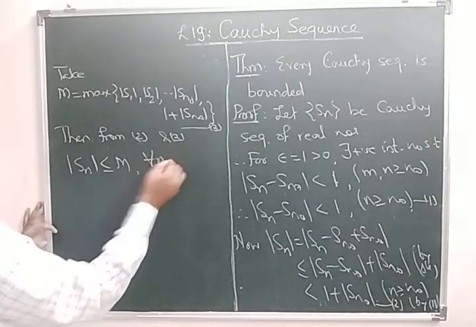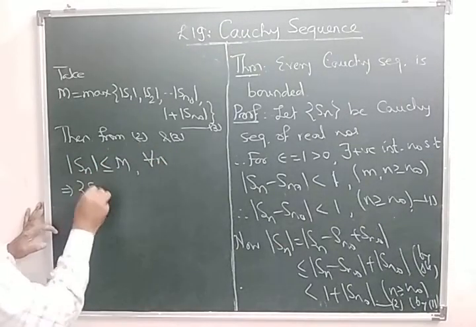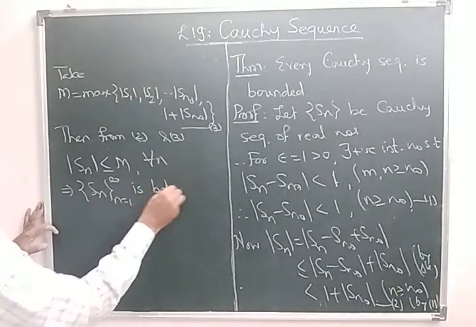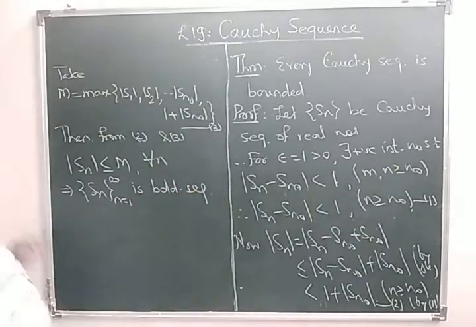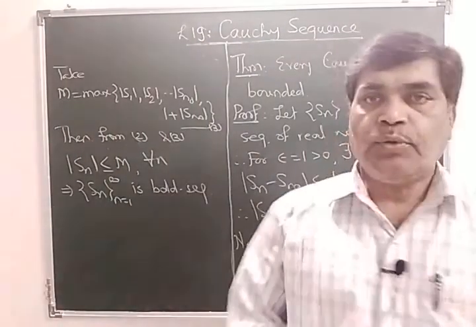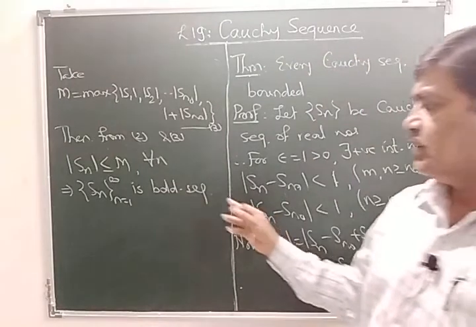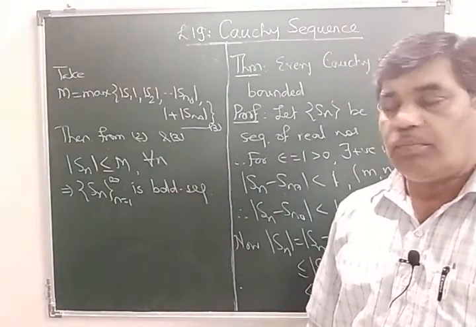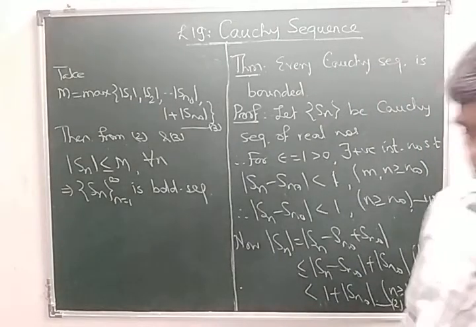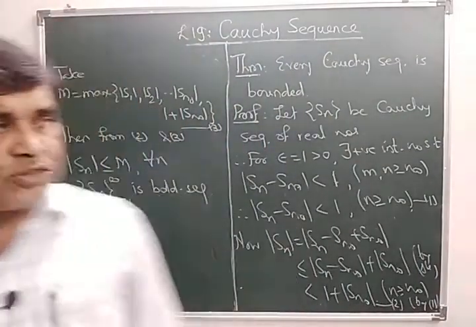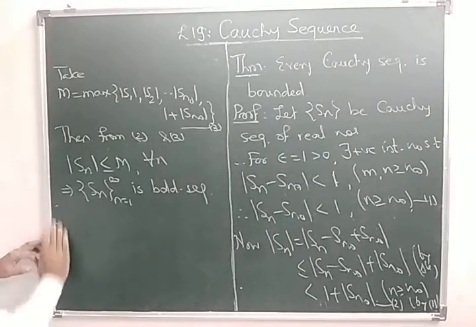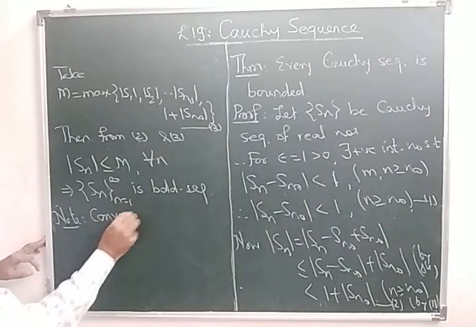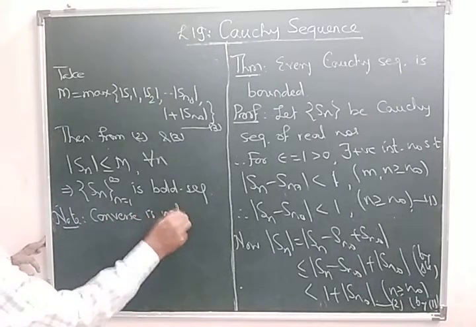This implies Sn is a bounded sequence. Every Cauchy sequence is bounded. So the converse is not true.